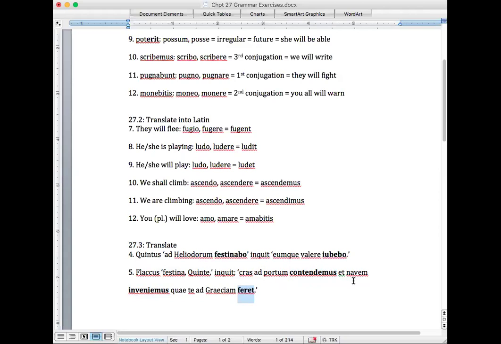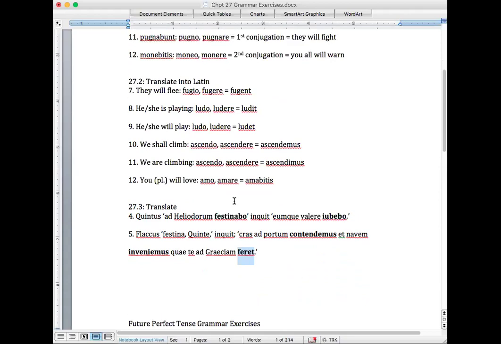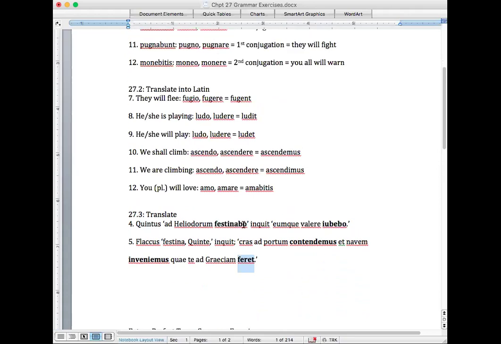So hopefully by now you can notice the difference. Festinabo and inveniebo are very easy to recognize as future. These are less easy to recognize. Here you have the double vowel, so that's helpful.